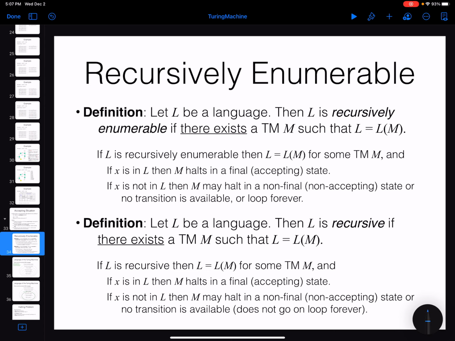But if, for a language, you can create a Turing machine that accepts all the strings belonging to the language, and halts on all the strings which are not in the language, that language is going to be recursive.